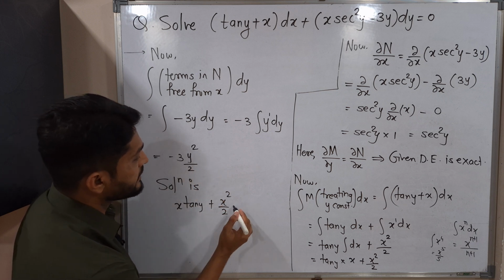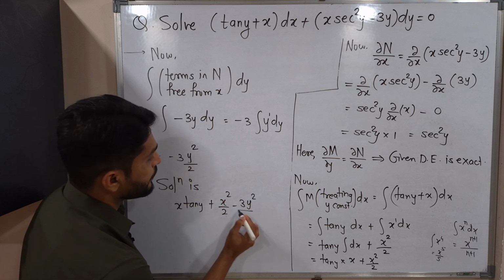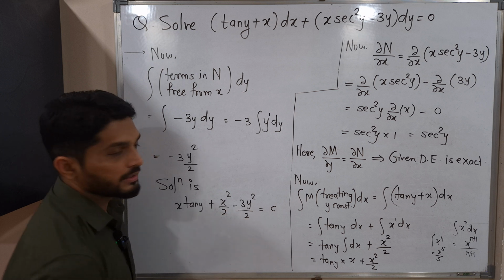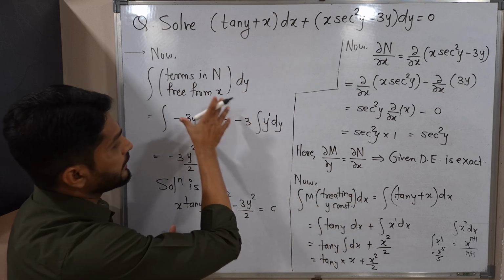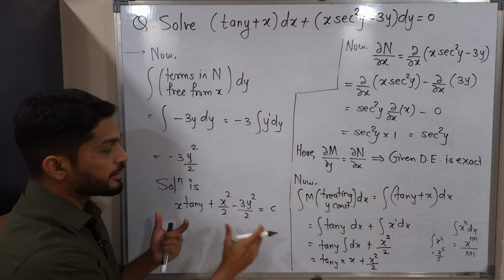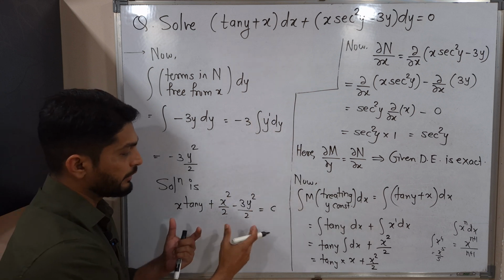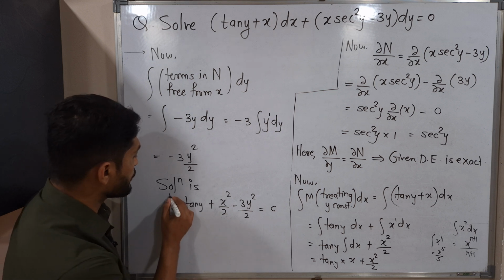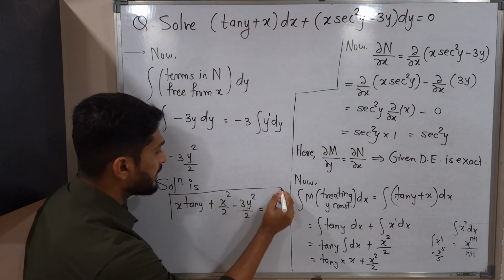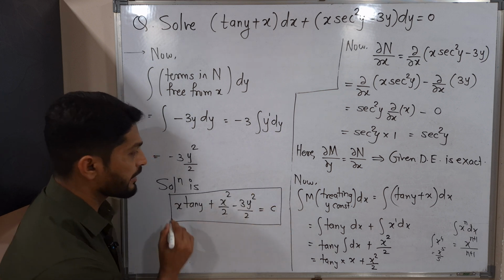So plus minus, minus 3y square by 2 is equal to c. So this is the solution. The solution is the sum of the values of these two integrations, equal to c. This is the required solution of the given differential equation. So this is the required answer.